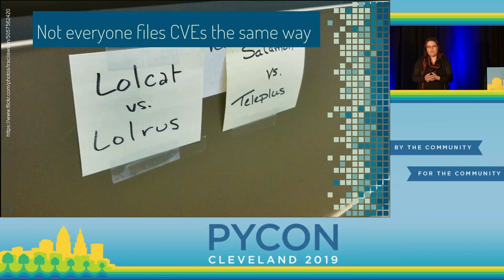I don't know if any of you have ever asked around, like, how do you file vulnerabilities for your open source project, but you may have learned that we owe a great debt of gratitude to the team at Red Hat. Red Hat Enterprise Linux files CVEs against all the packages that they maintain, and so there's a huge pile of those, but everyone else, it's sort of meh.